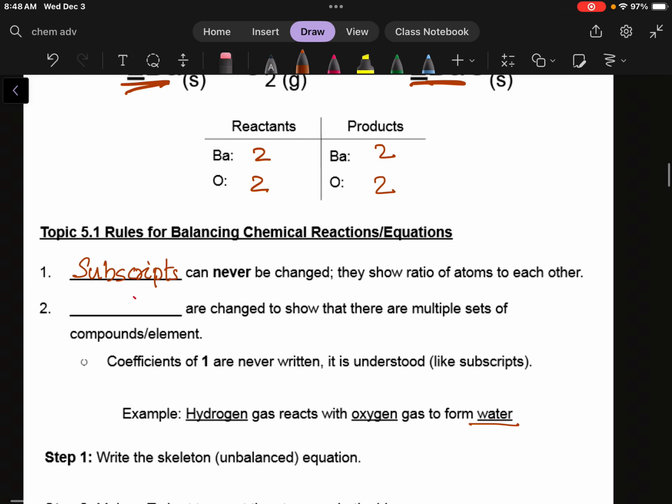We are not allowed to touch the subscripts. We know that the subscripts are coming from crisscrossing. There is a reason for subscripts. Coefficients are the numbers we can change. We will change them by multiplying with a whole number. No fractions allowed. Okay.